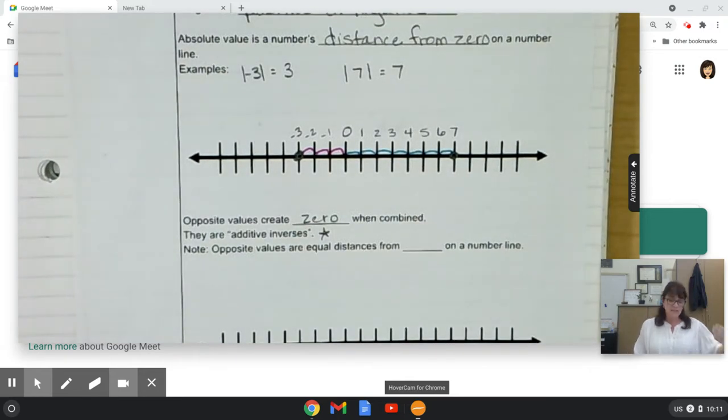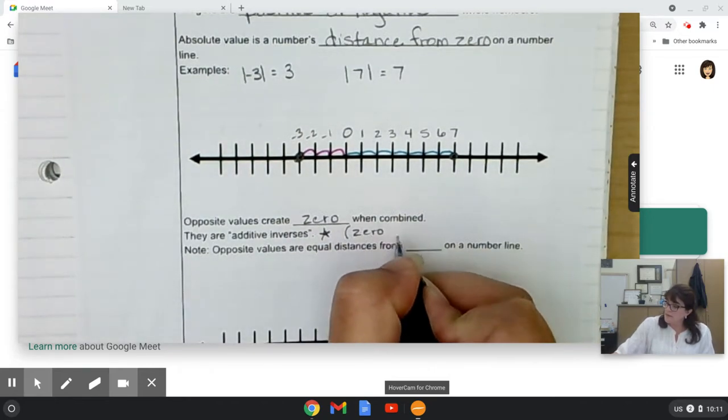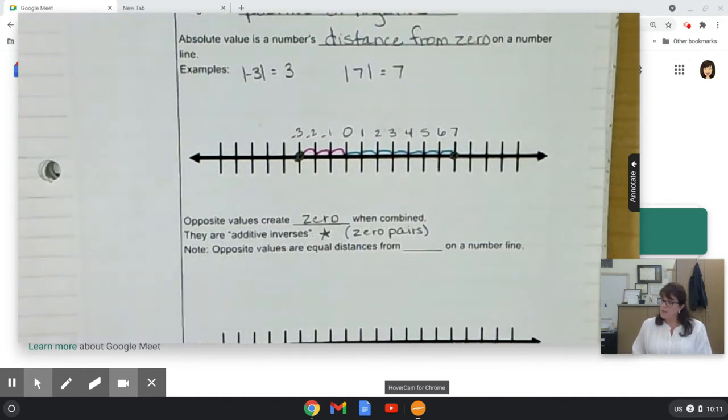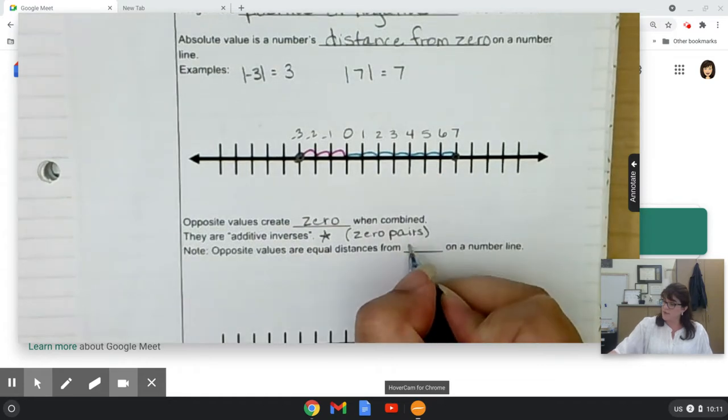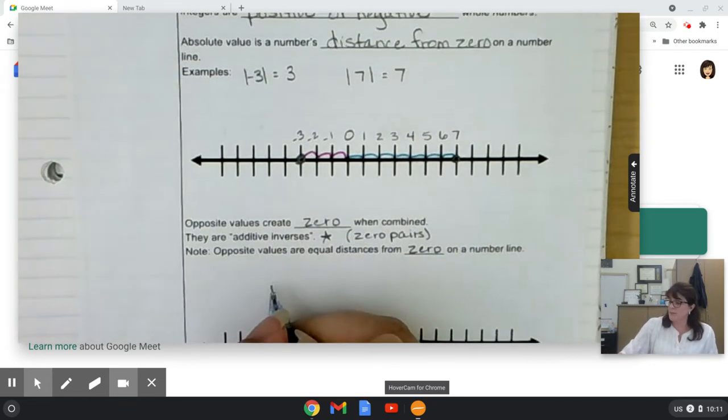They make 0 pairs, and you might even write that in. Opposite values are equal distances from 0 on a number line. So let's look at an example.